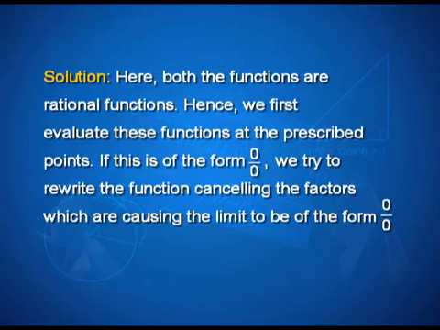Here, both the functions are rational functions. Hence, we first evaluate these functions at the prescribed points. If this is of the form 0 upon 0, we try to rewrite the function, cancelling the factors which are causing the limit to be of the form 0 upon 0.